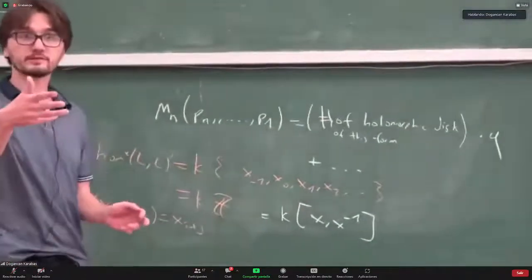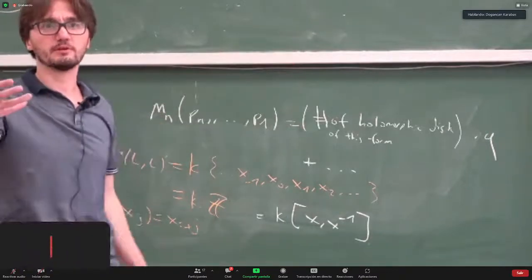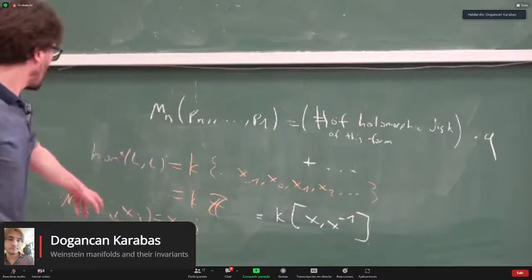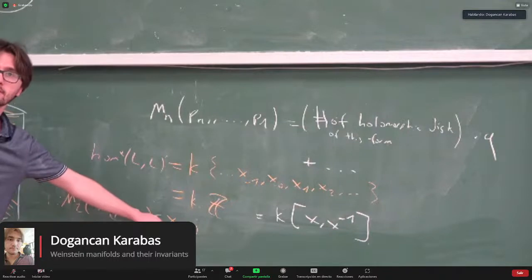So there are infinitely many operations: mu1, mu2, mu3. I said that. Mu1 is like a differential, and mu2 is like a product. I am saying this intersection has this property.